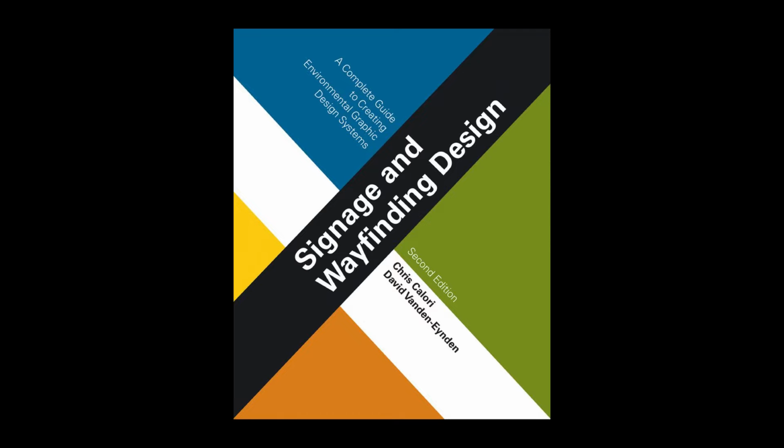Shape. Shape or form is probably the most obvious expression of a sign program's hardware system. The shapes used in a signage program give the program its visual unity and distinctiveness in three-dimensional form.